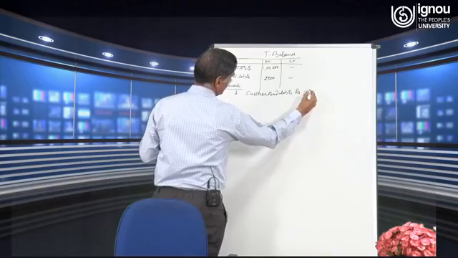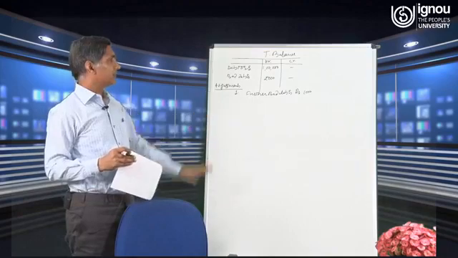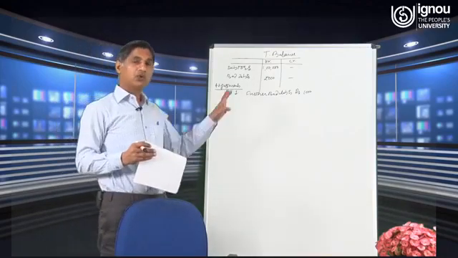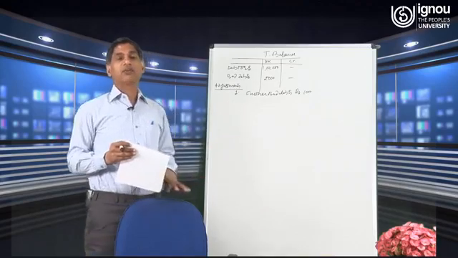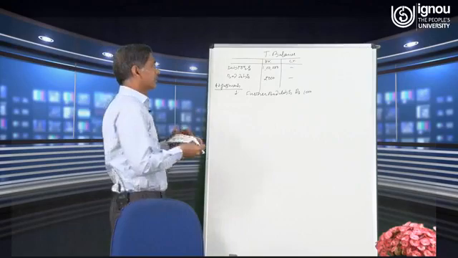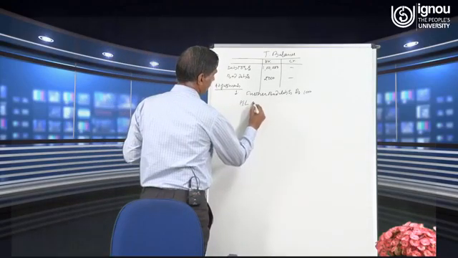This is the information which is given. So now you see how this item will be treated while preparing the financial statements. So, very clear, the first one is profit and loss account.